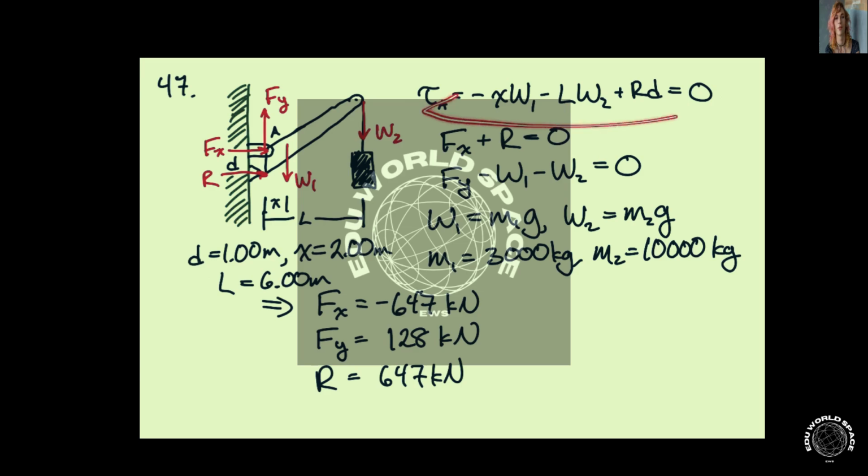So that gives us one equation, and in fact we could use that one right now just to solve for R, because we know everything else in here, and we get that R equals 647 kilonewtons.